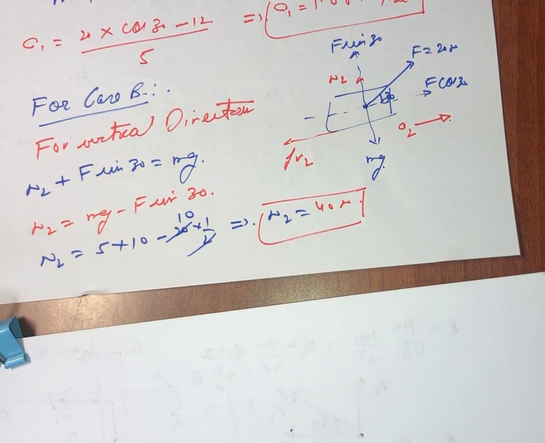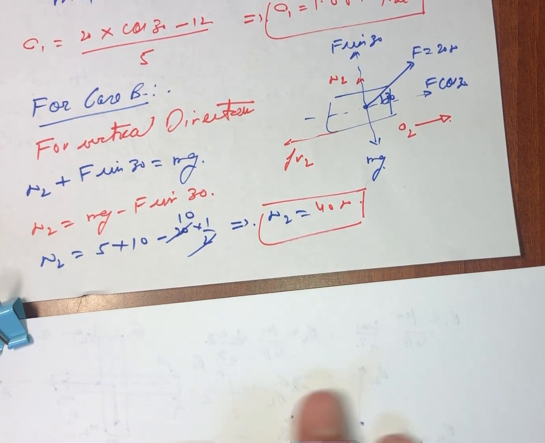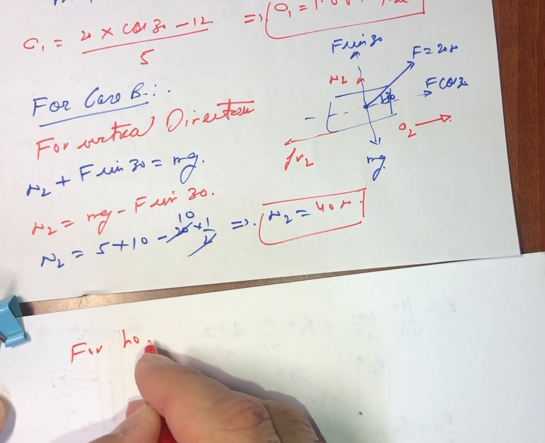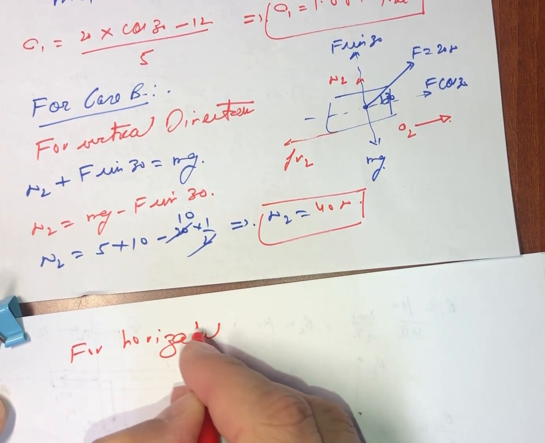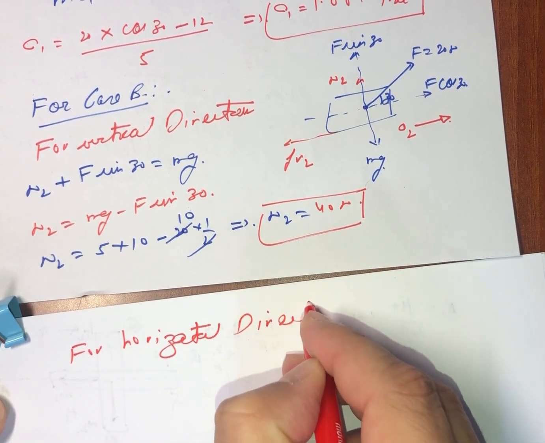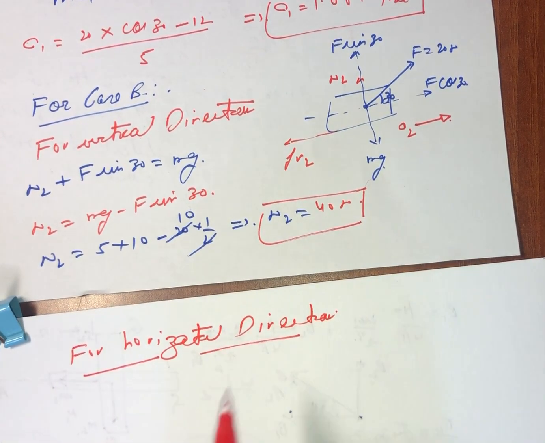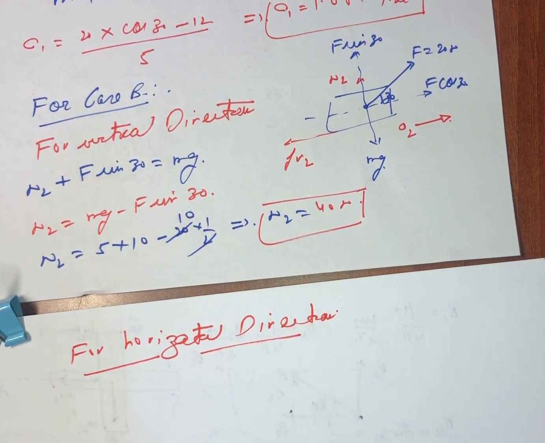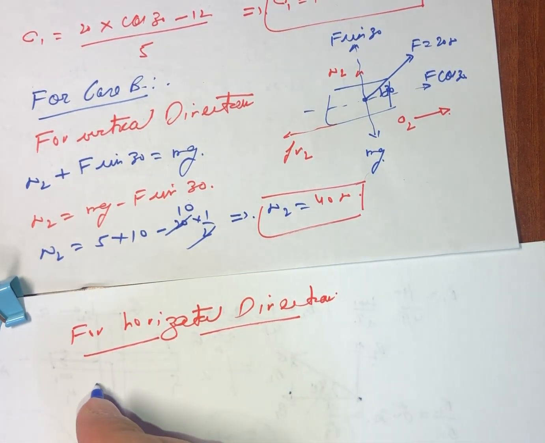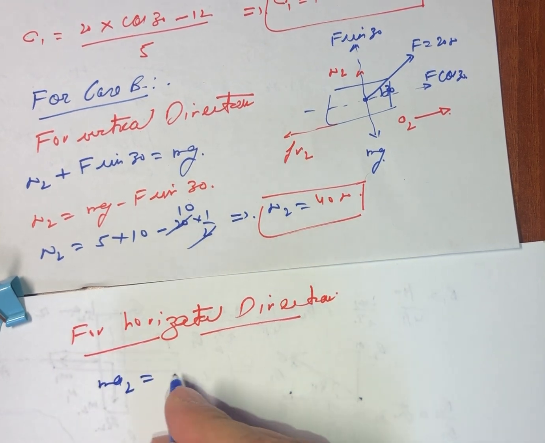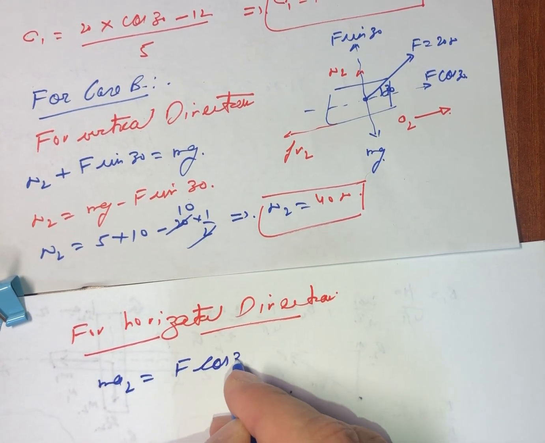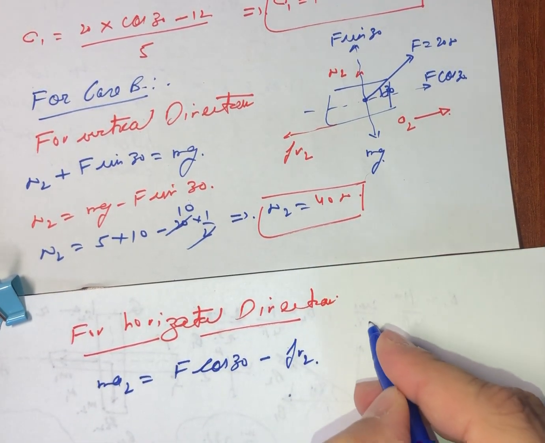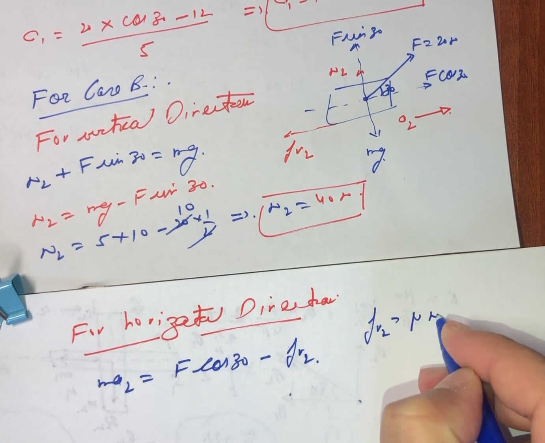This was the vertical direction, and for the horizontal direction, the acceleration a2 is towards the right. So we can write m a2 is equal to F cos of 30 minus Fr2, and Fr2 is equal to mu into N2.